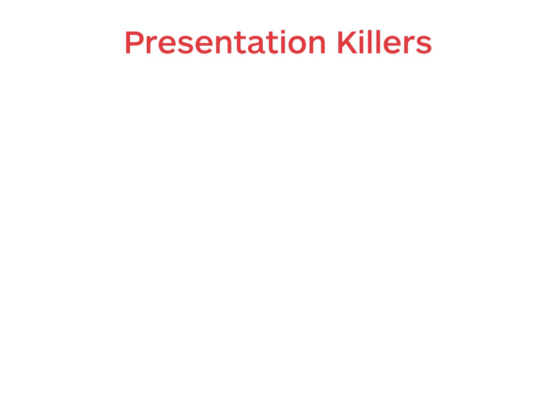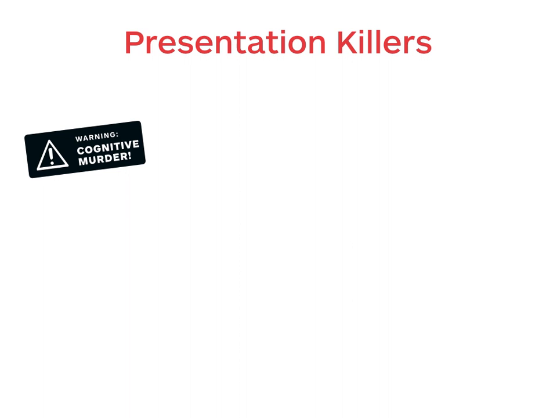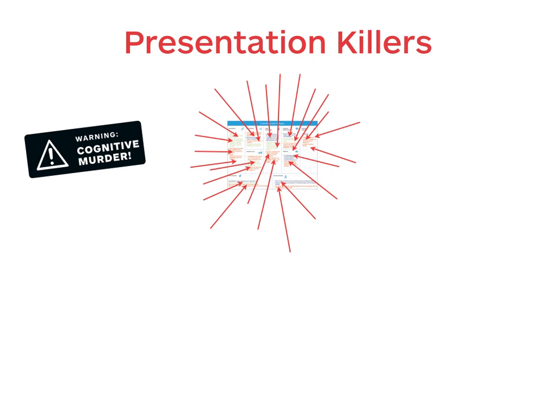So just as a quick recap, today we talked about some presentation killers. We want to avoid what we call cognitive murder when we throw the entire canvas up on the screen all at once. We want to avoid putting too much detail and granularity into the canvas. We want to avoid putting too many ideas into the same canvas.